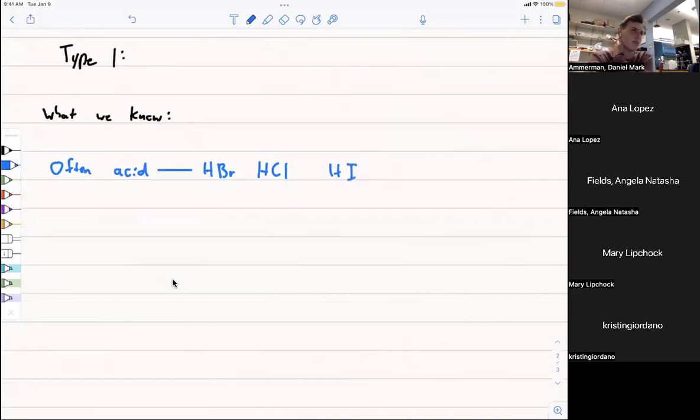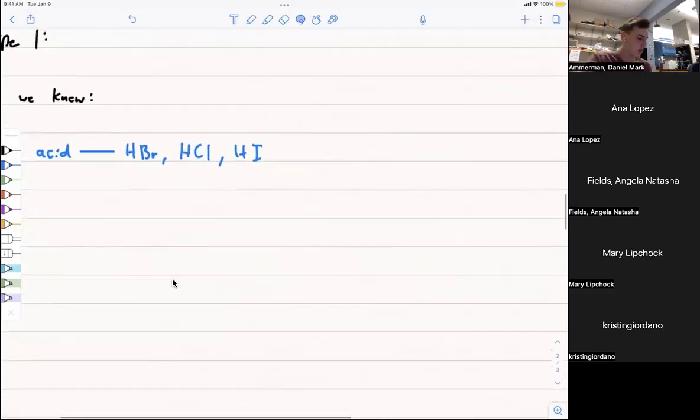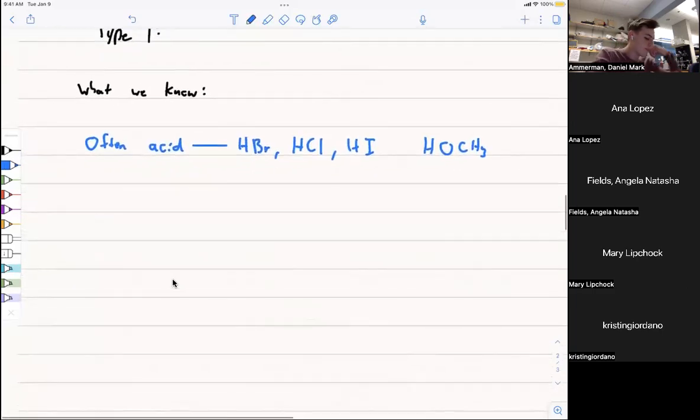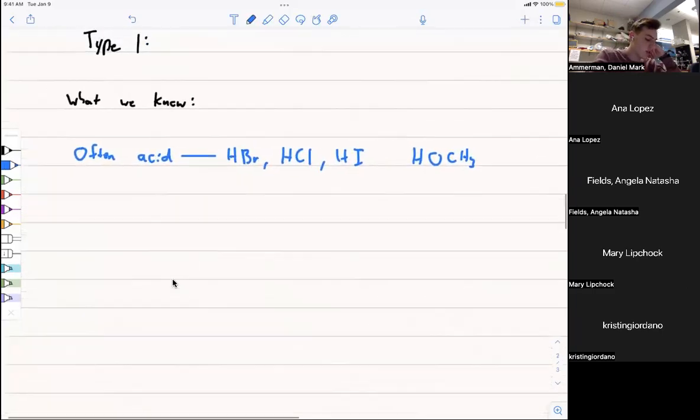I don't know what the name of that is, but any of those, often acids, or H and then some other thing that we can add on to it. You could even do methoxide, you could probably do. Yeah, you could. So it's often an acid is the first thing.